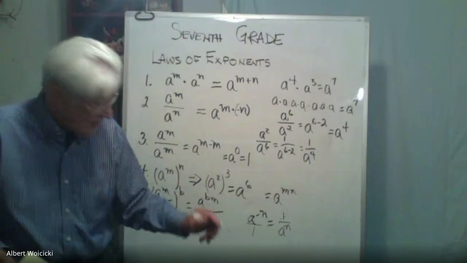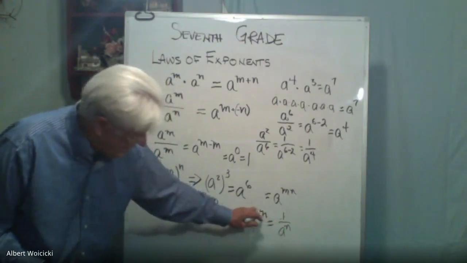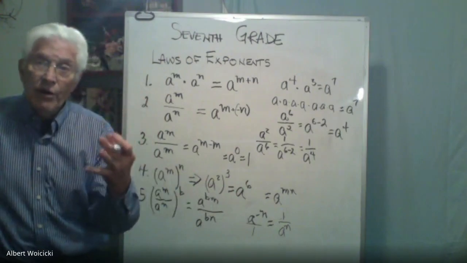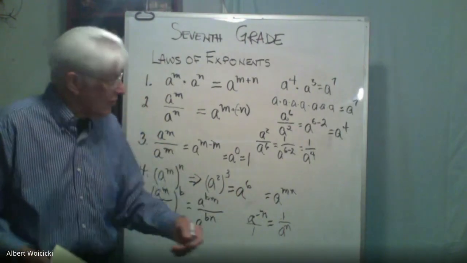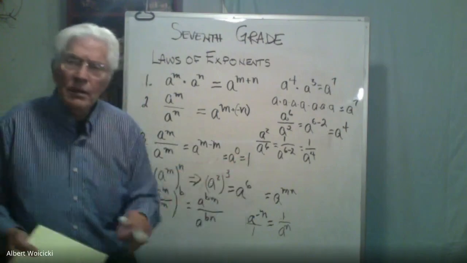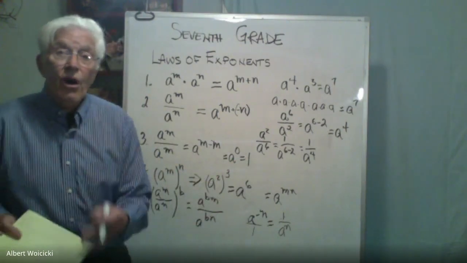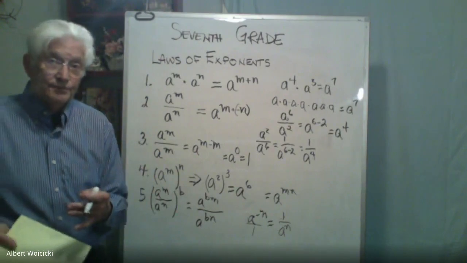It's 1, isn't it? Here we have a to the n, a to the opposite of n. And n minus n is 0. So I get a to the 0 equals 1. That's what I need.